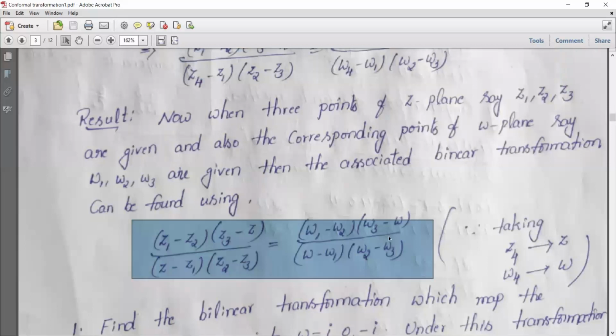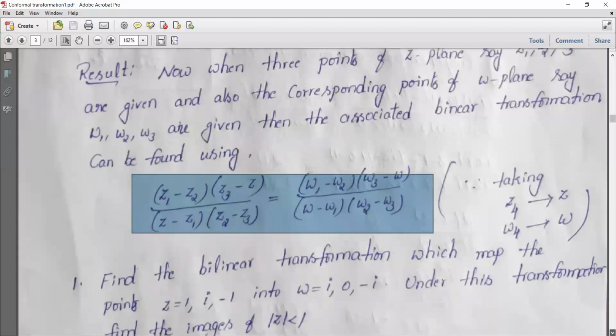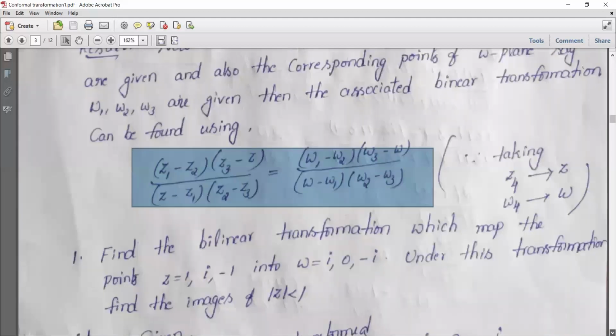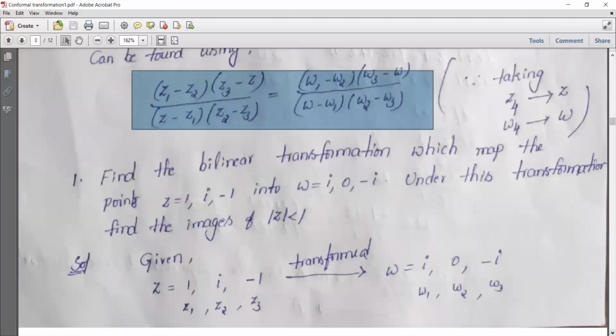These two formulas are helpful to find the bilinear transformation. So now take one problem, then it will be very easy to understand this theory.